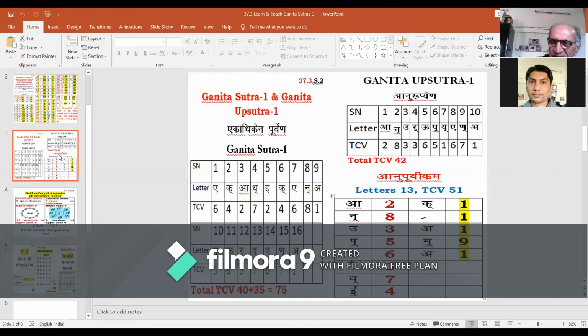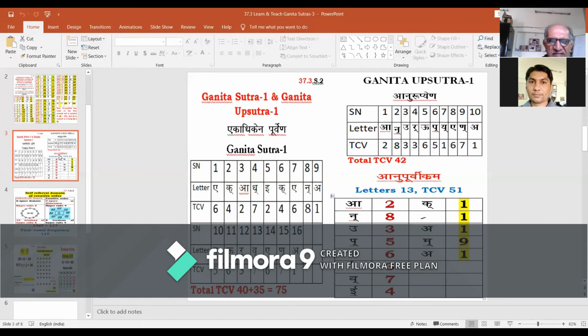Now, this gives us a summation value 51. The 51 is the TC value of the 13 letters of Anupurvi Kram. 51 is the value of the placements of the 15 times occurrence of the first letter, that is the sixth vowel, in the text of Ganita Sutra.